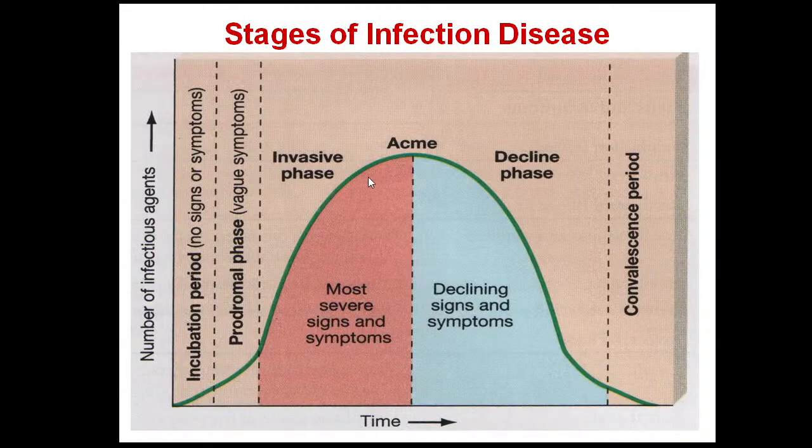the invasive stage, where we have the increasing level of the symptoms, and within this term the most severe signs and symptoms of the disease occur. Then the acme, this is the middle of the disease, and the stage of decline, the so-called decline phase, where we see decline of symptoms and signs of the disease.